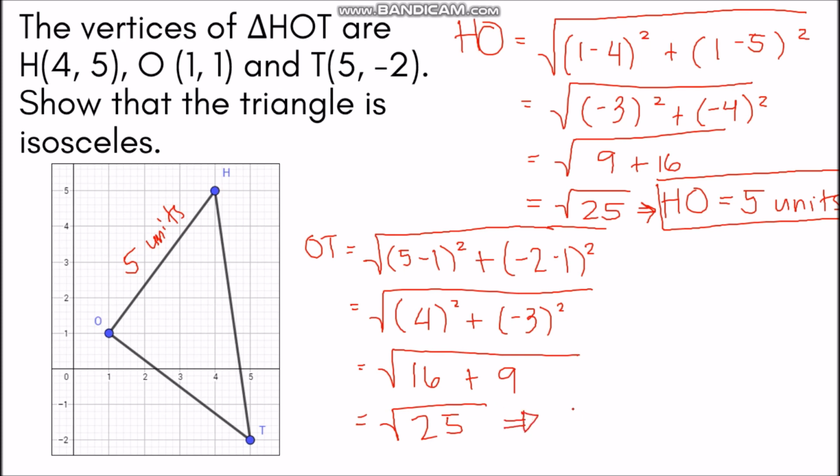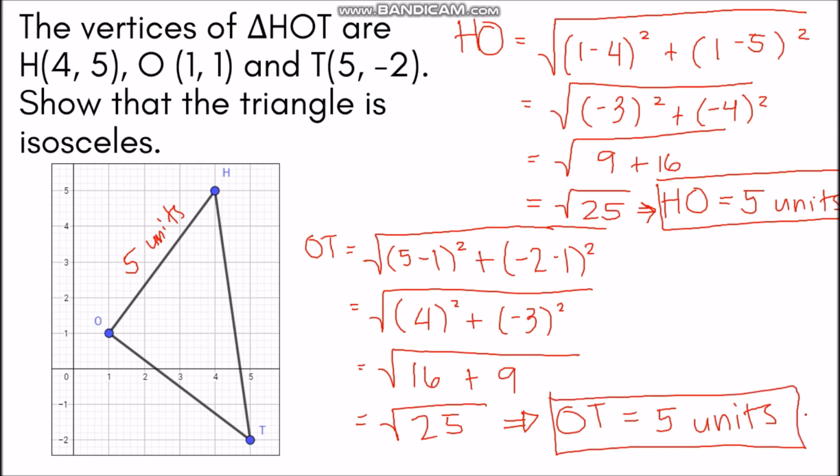Then we now have OT equal to 5 units. So we again have the second distance, which is OT, and this one is 5 units.